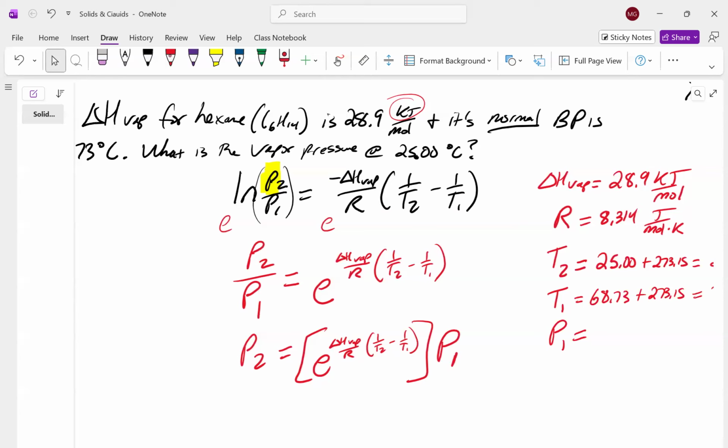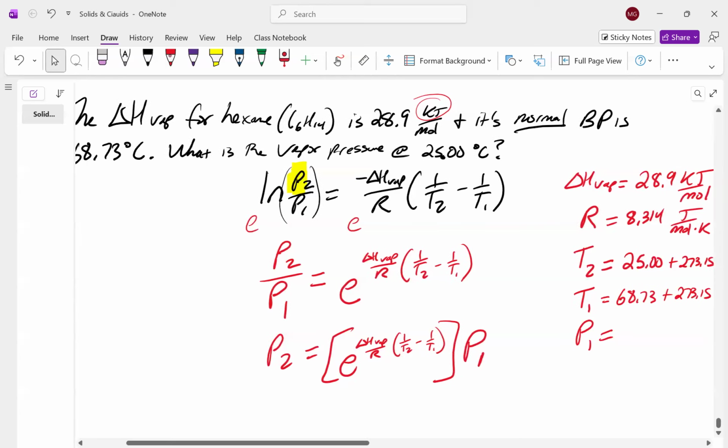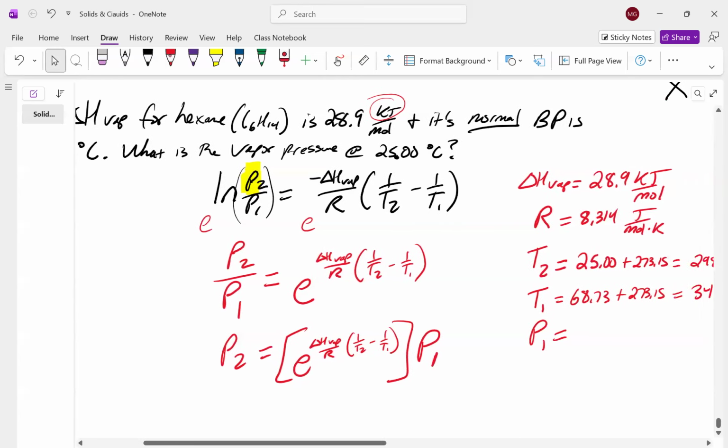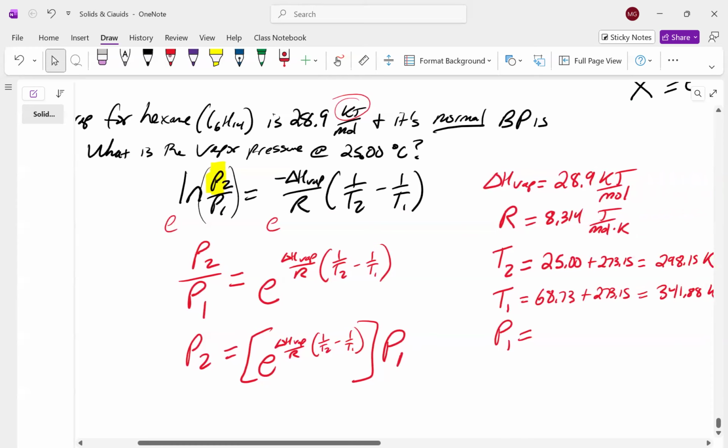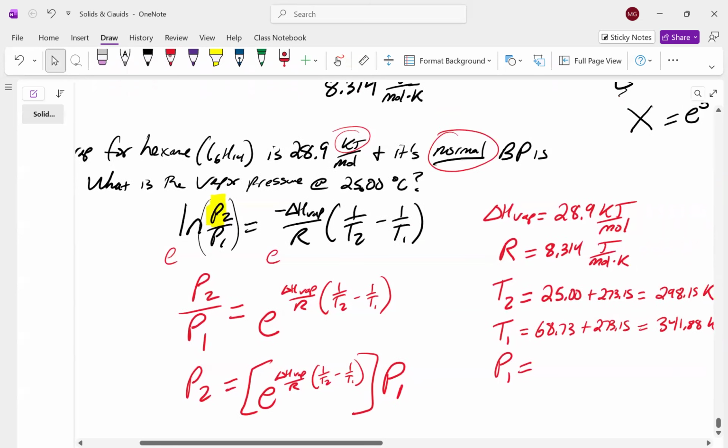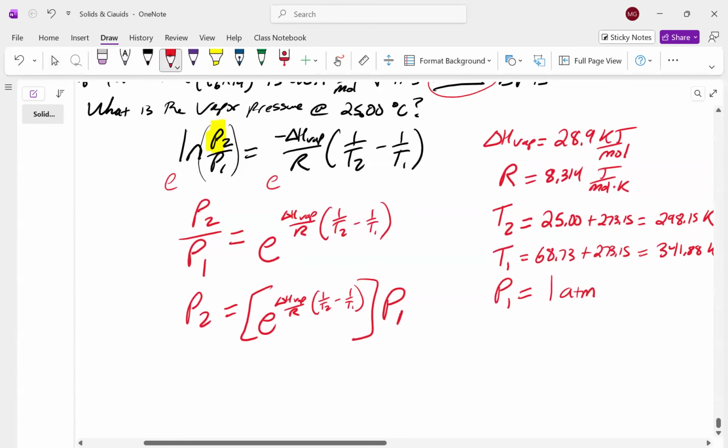How do we know what the initial pressure is? Well, this is why I had you underline the word normal at the beginning. What is the pressure for a normal boiling point? The pressure is 1 atmosphere. So that's what I'm going to put there. And then we can just solve for P2.